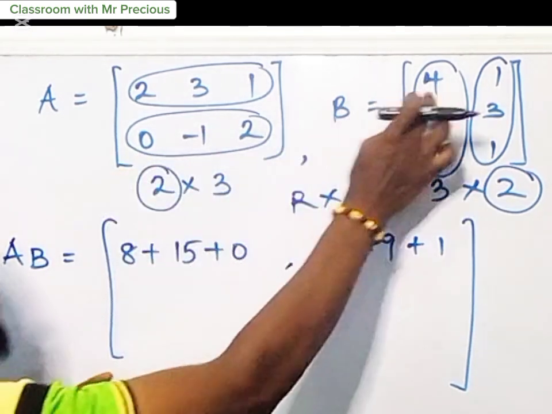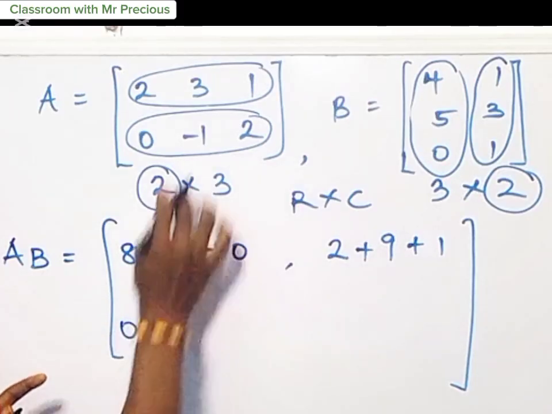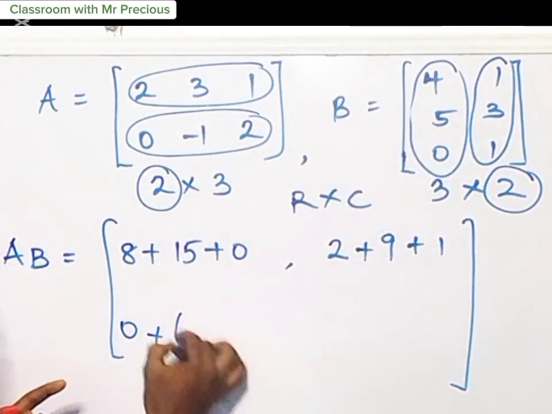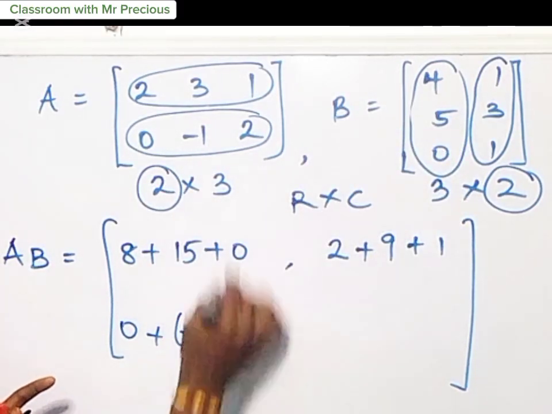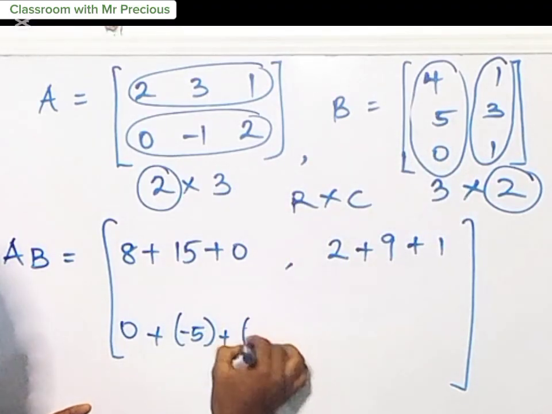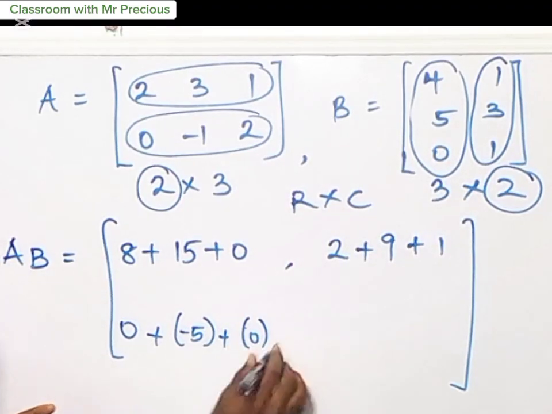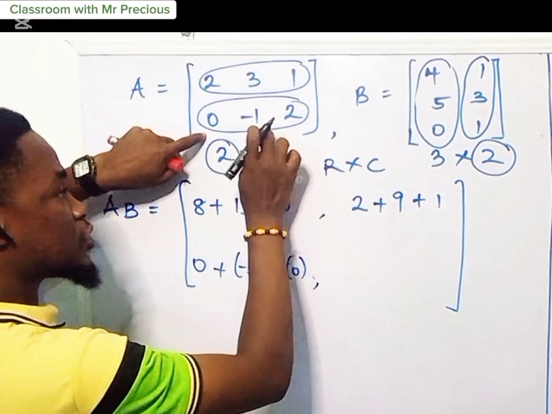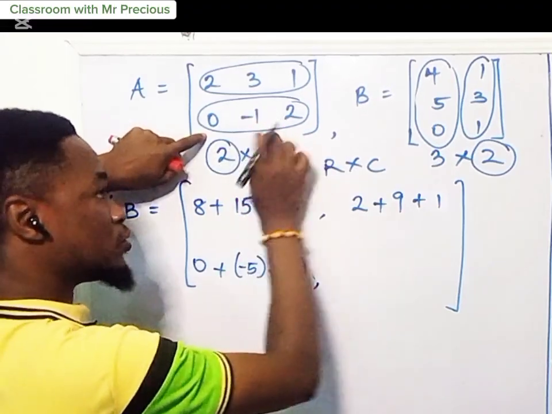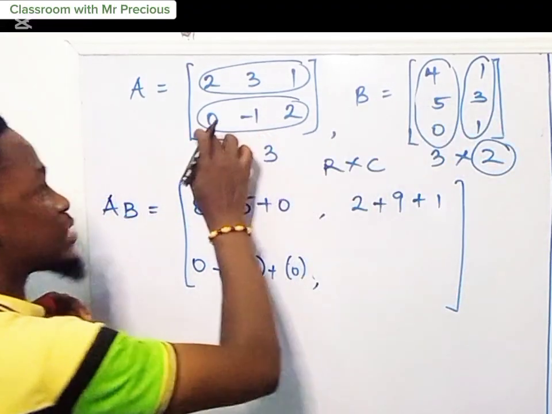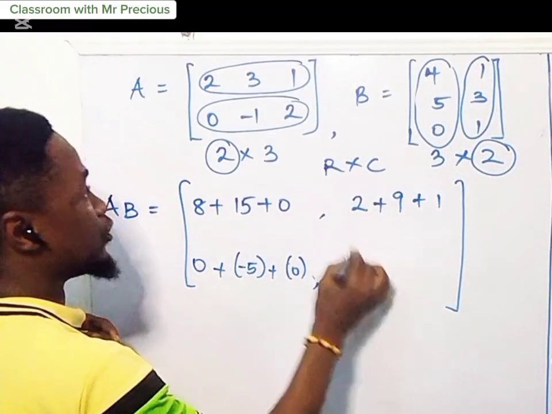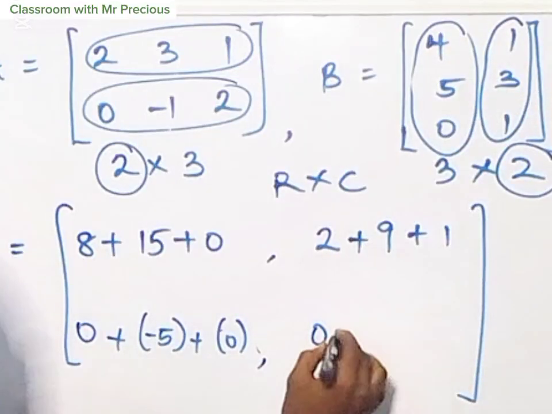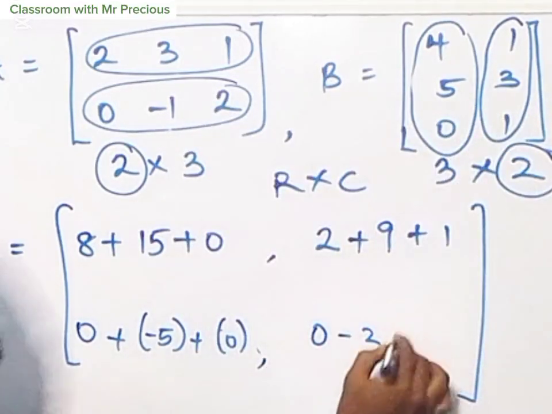So 0 times 4 is 0, plus minus 1 times 5 is minus 5, plus 2 times 0 is 0. So that is for this one. For the next, you use the lower row times the next column. So 0 times 1 is 0, minus 1 times 3 is minus 3, 2 times 1 is plus 2.